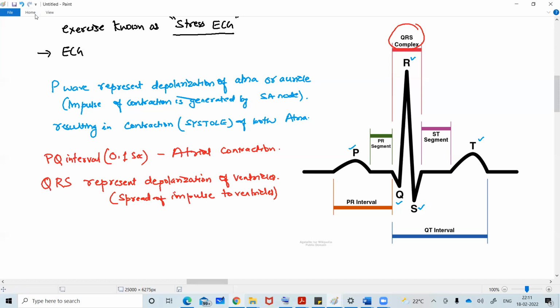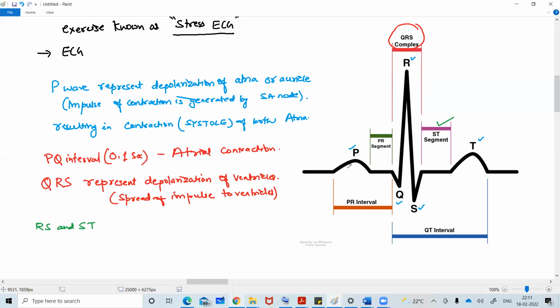Now let's talk about RS and ST. These are the two steps. ST is this one, the ST segment, and RS is this one, R and then S. It's going down. What is happening at this particular stage?